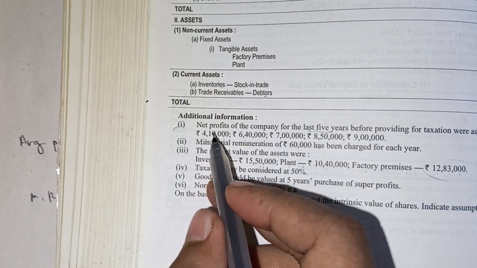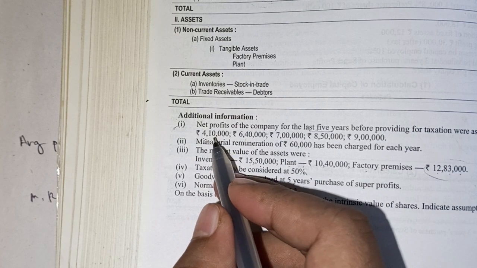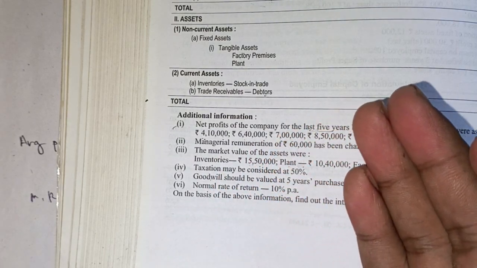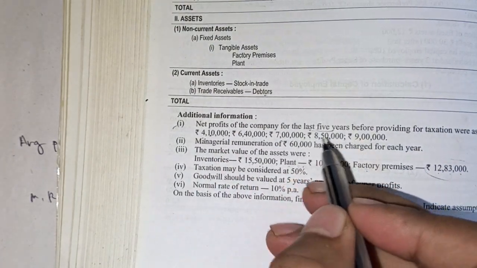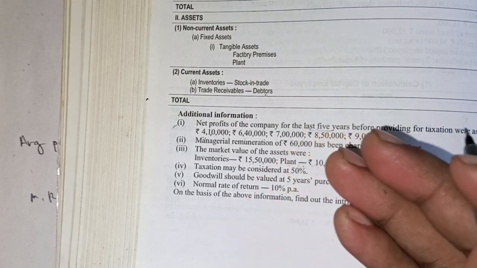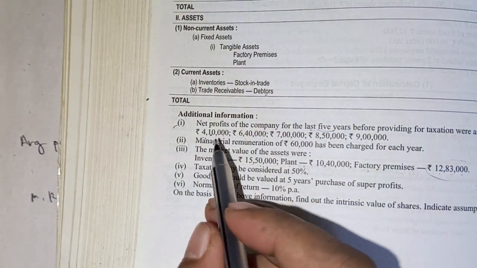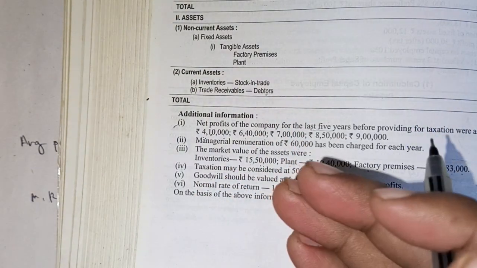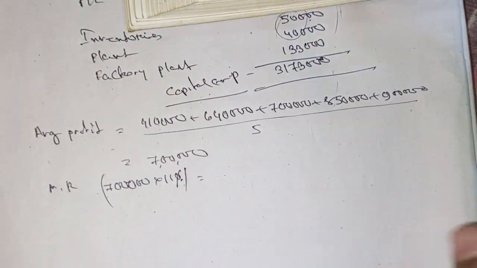Now we have to find our net profit before considering the managerial remuneration. These amounts are given after the managerial remuneration is charged, but we have to take our net profit before charging it. So how do we calculate?